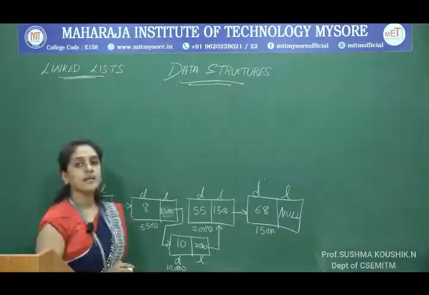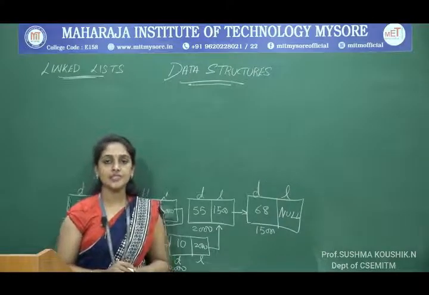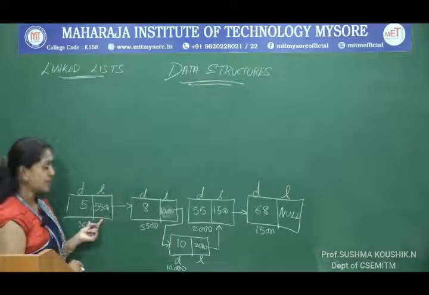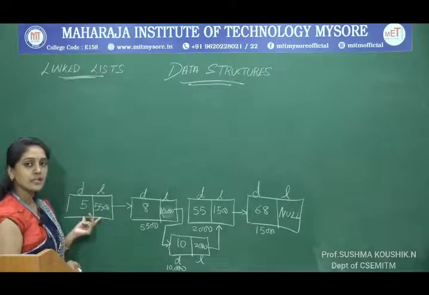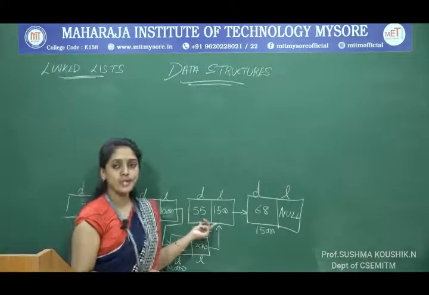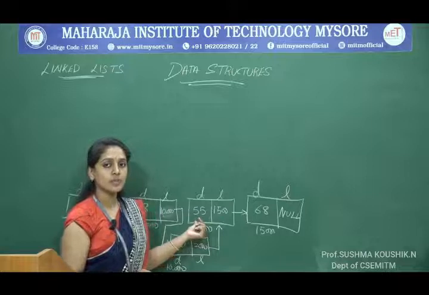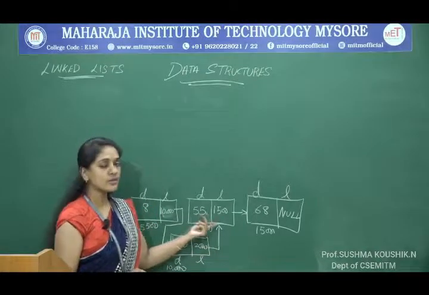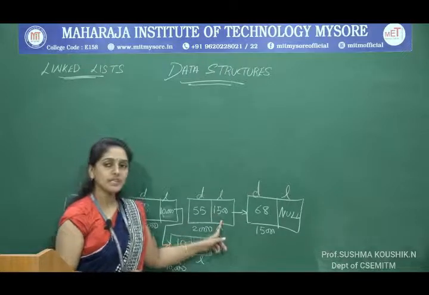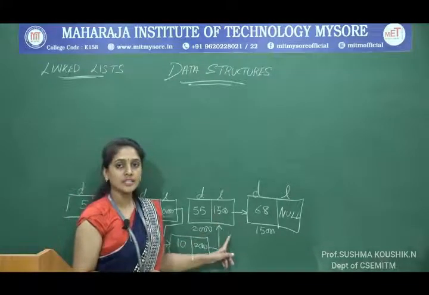To start with the representation of a linked list, see how the linked list looks here. It has two parts. So we need a data structure which can hold two values for us, and you have to remember that both the values are different. 55 is an integer value, whereas 1500 for us is a pointer value.